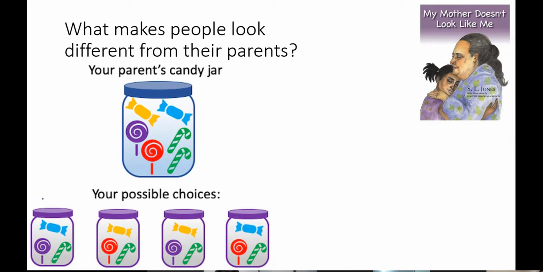What makes people look different from their parents? Yeah, this is the illustration. Who can explain this illustration? That's why the children look different from their parents. Yeah, this picture shows the traits from the parents.